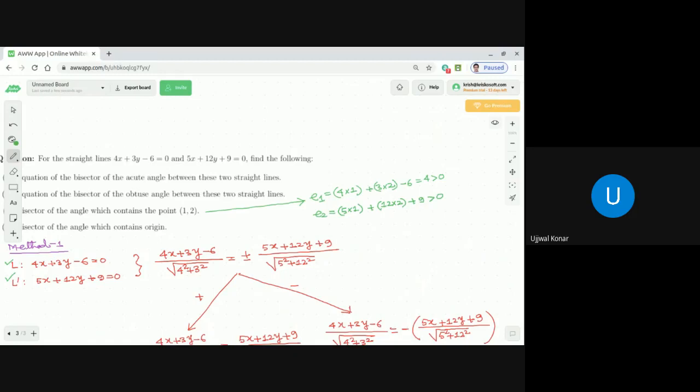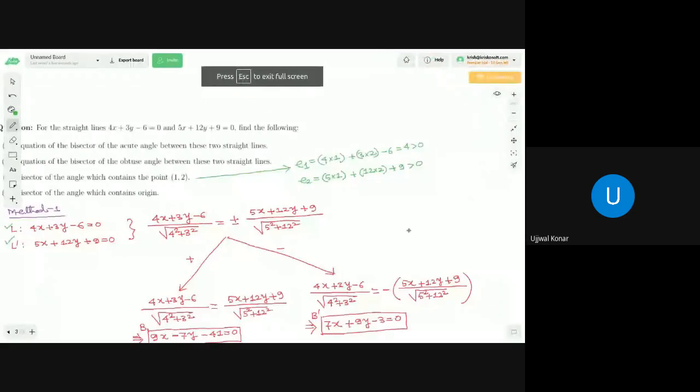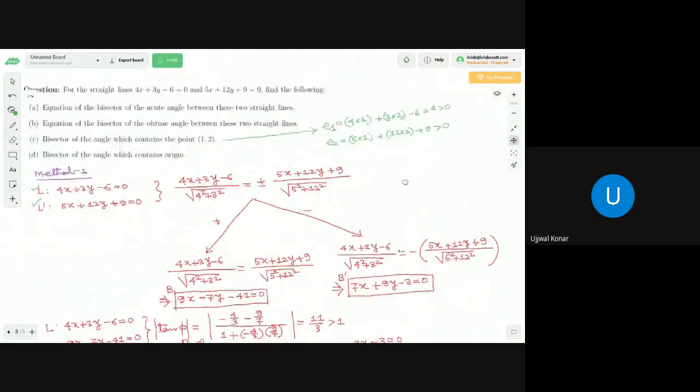Hence, the equation of the bisector of the angle which contains the point 1, 2 will be obtained by taking the plus sign here. Whatever we get with the plus sign gives the equation of the bisector.